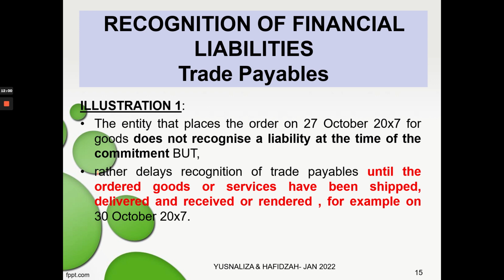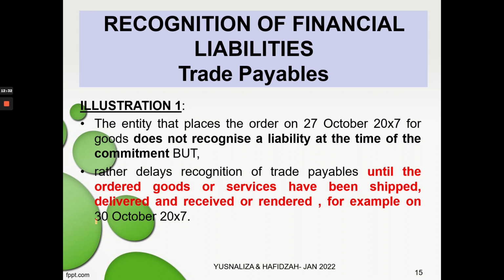However, the commitment for the financial liability is delayed until the order made by the company, for the services or for the goods, has been shipped or delivered and received by the reporting entity, or rendered in terms of the service. So let's say the order was made on 27th of October, and the goods were received by the reporting entity on 30th of October 2007.